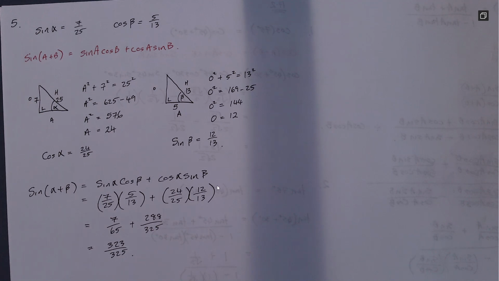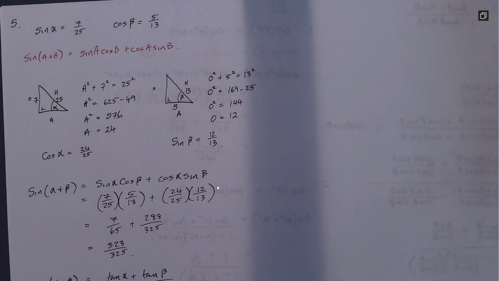Next we find tan alpha plus beta. So the formula for tan alpha plus beta is tan alpha plus tan beta over 1 minus tan alpha tan beta.